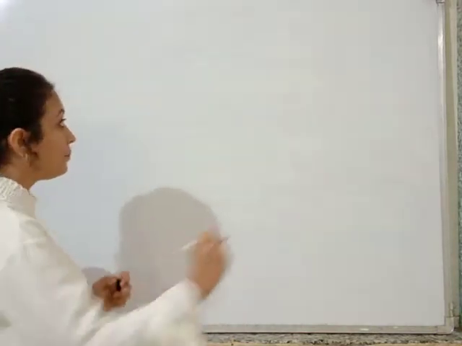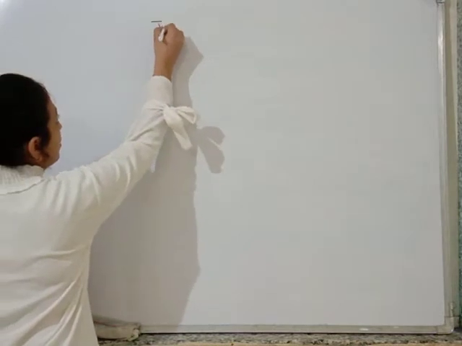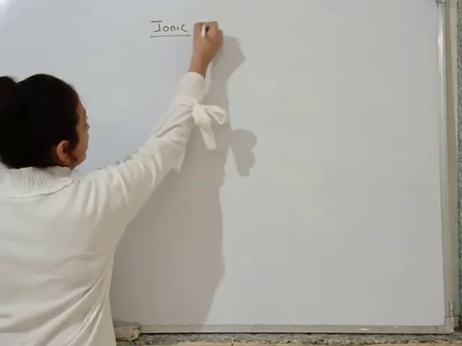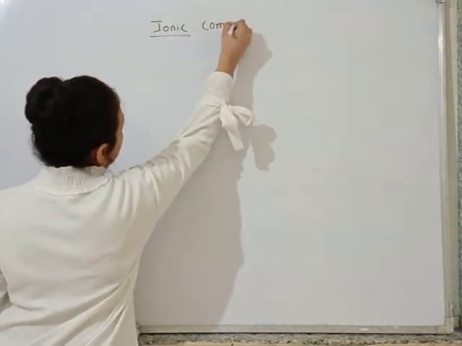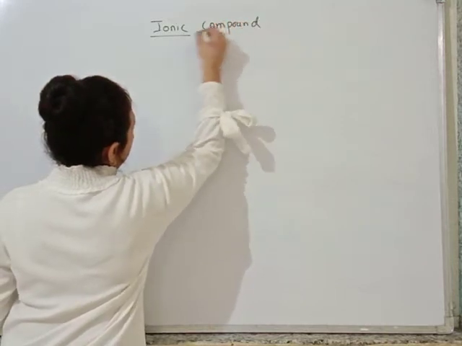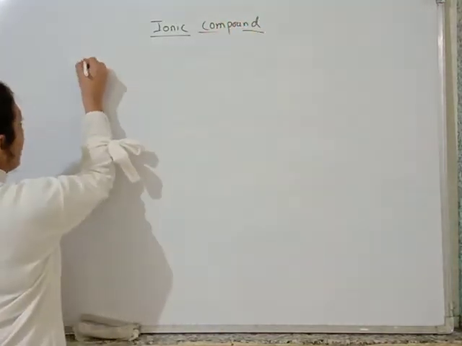So let's discuss what the steps involved are. The first ionic compound which you have in your syllabus is sodium chloride.